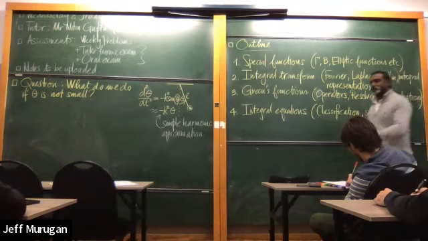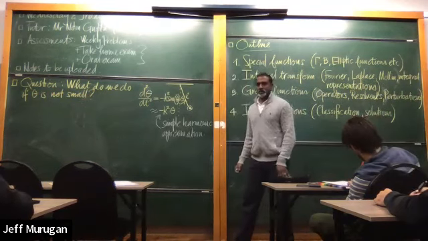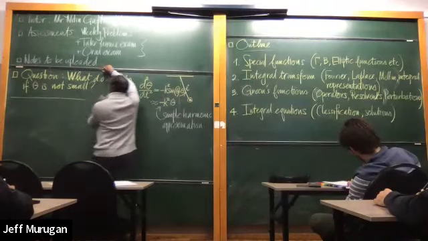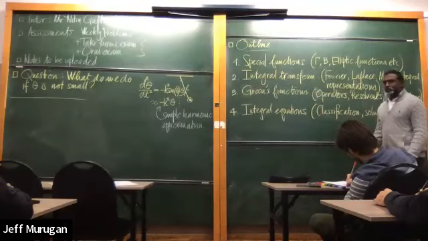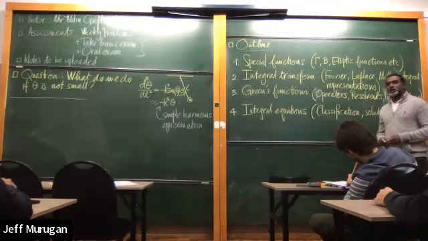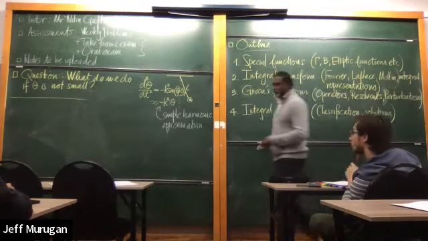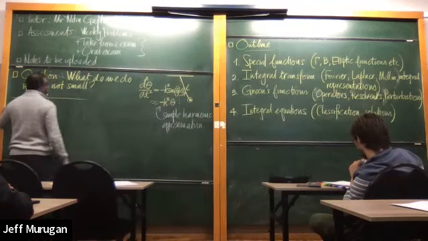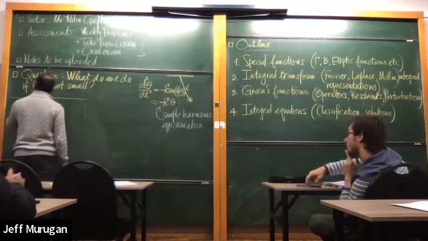So sine theta is not approximately theta, and I don't have simple harmonic motion. That's the question that we'd like to answer. What happens when I can't approximate the motion of the pendulum by simple harmonic motion?